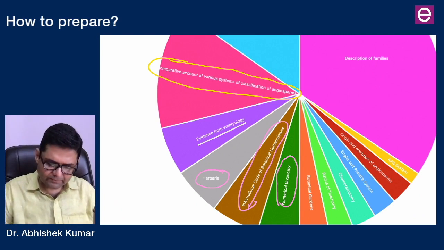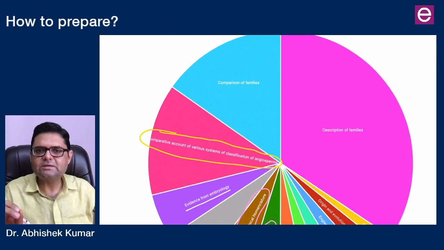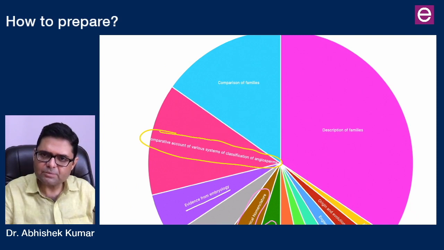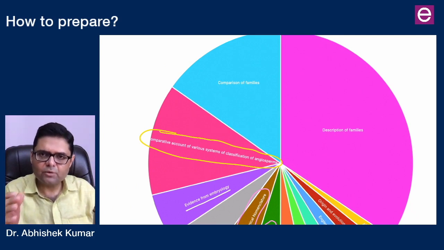So far as the families are concerned, description of families is certainly more important compared to the comparative account. Besides, if you are doing the description part nicely, you don't have to worry about the comparison, because in the comparison they are going to ask questions based on the same features of description that you have studied under the isolated description of the families. So that is where your priorities should lie.